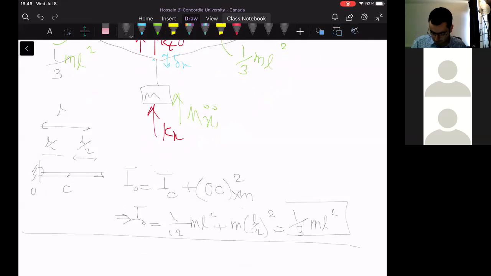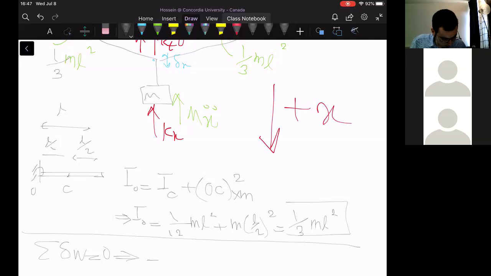The summation of all virtual work should be 0. Therefore, there is an inertial force. If we consider the downward direction as our positive direction, the inertial force is toward up.